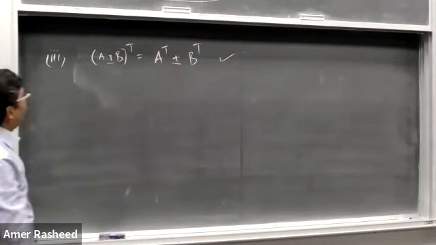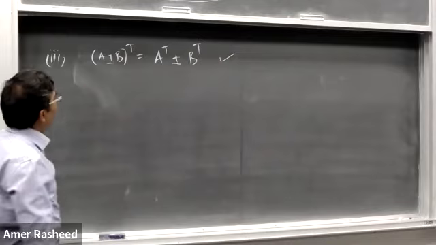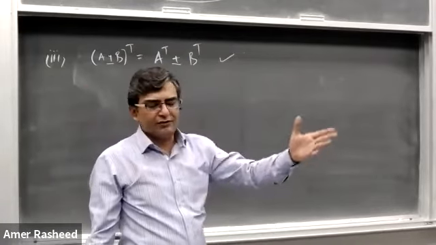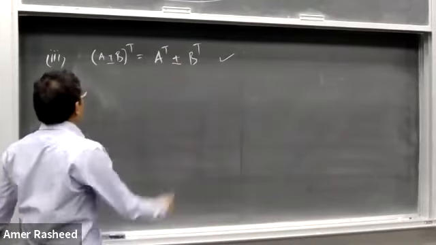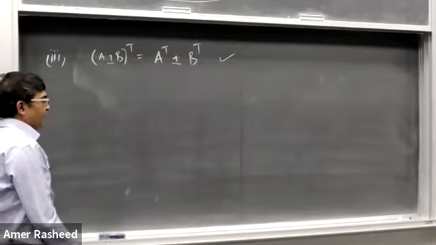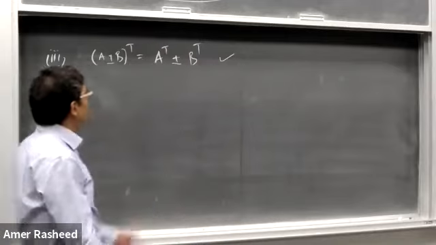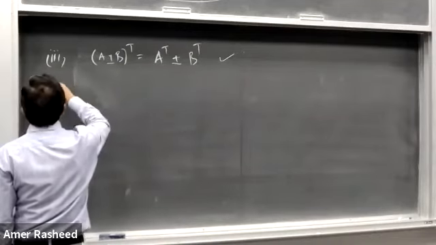But this is not true for determinants and inverses. (A plus B) whole inverse is not equal to A inverse plus B inverse. That is also not true, as in the case of determinant, because the determinant of A plus B is not equal to determinant of A plus determinant of B. But in transpose, this property is true.